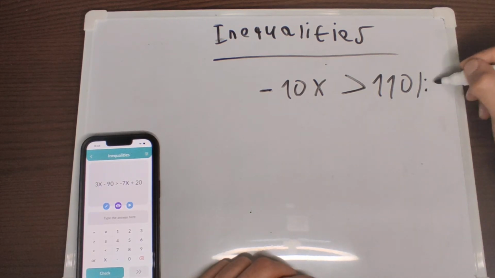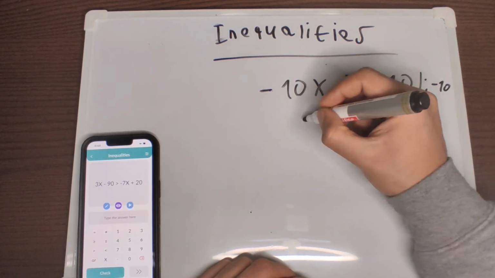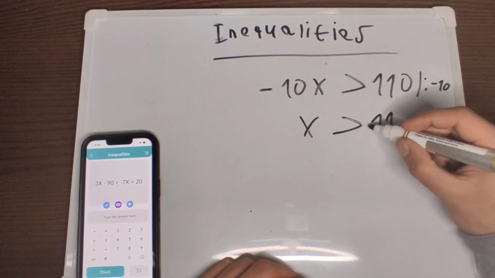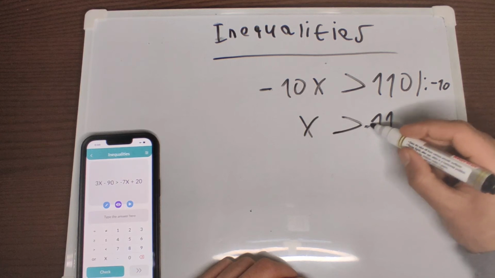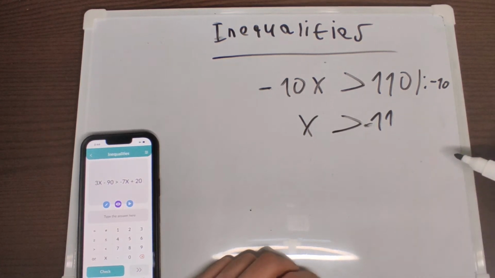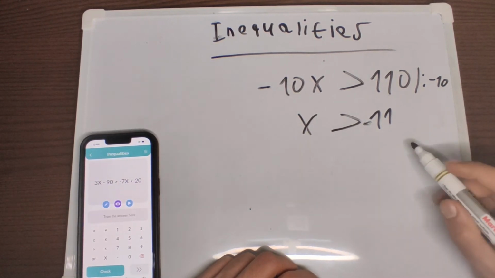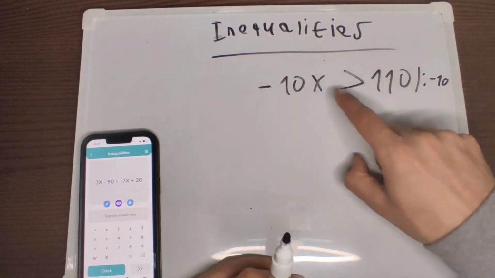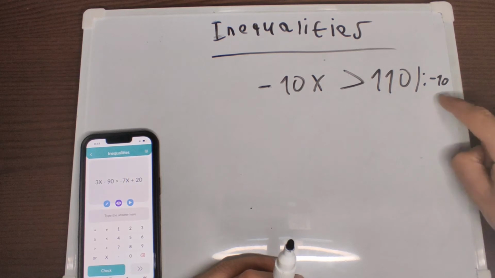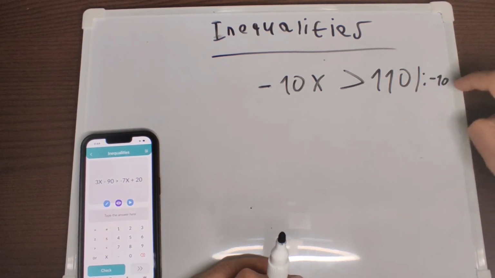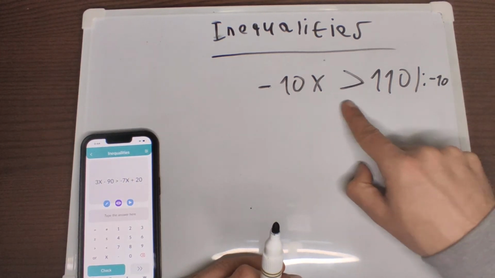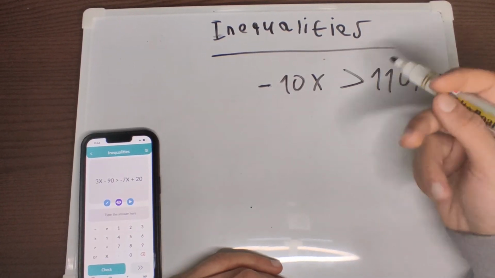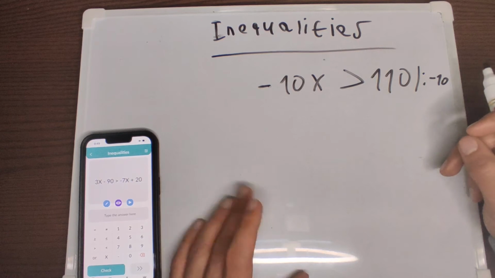Let's divide it by minus 10. So x is bigger than minus 11. But this is not correct. When we divide an inequality by a negative number, we need to flip, to change the sign to its opposite sign.